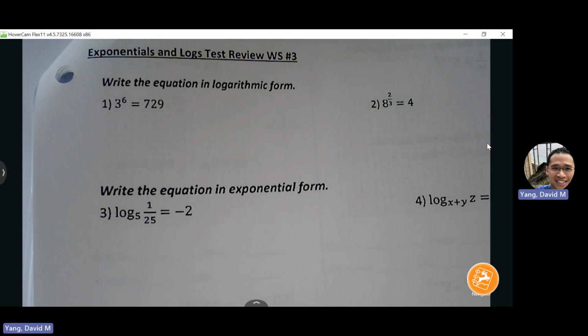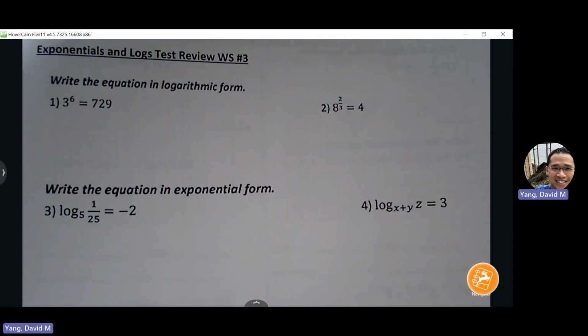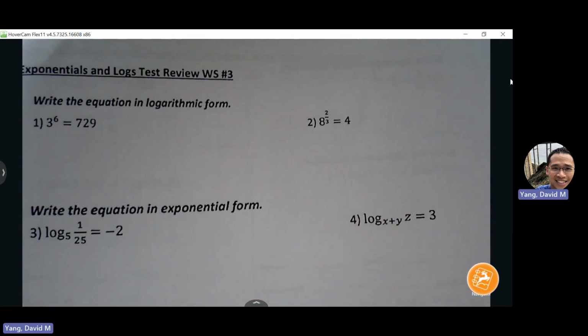Okay, so let's go through worksheet 3. And then if we have time, we'll circle back to the problem that we missed on worksheet 2. Okay. So worksheet 3 in your packet.